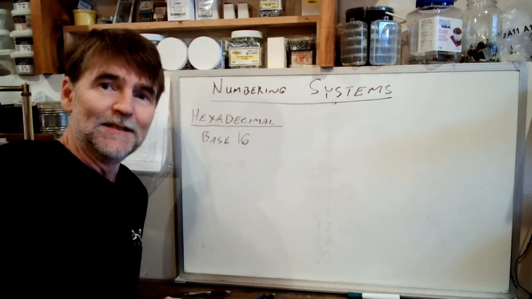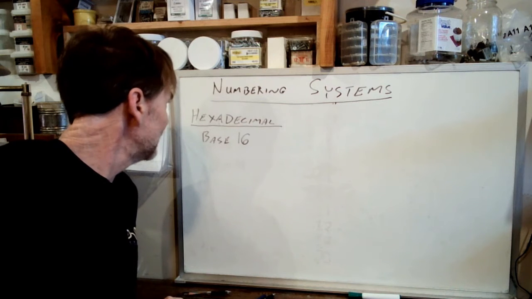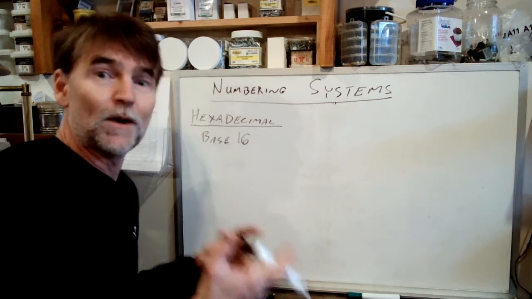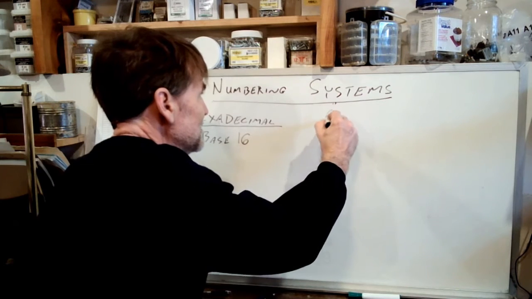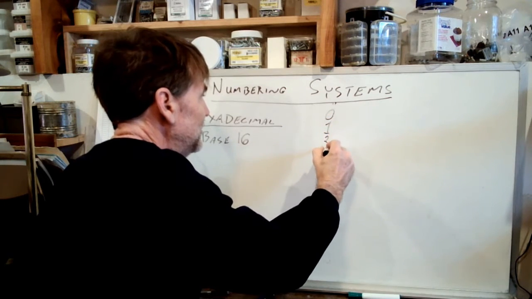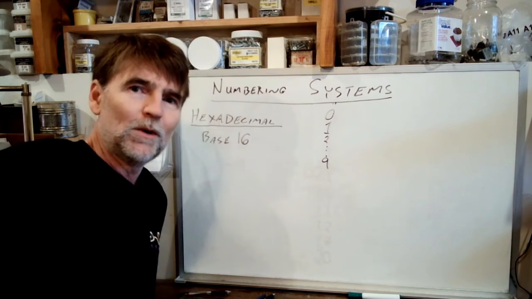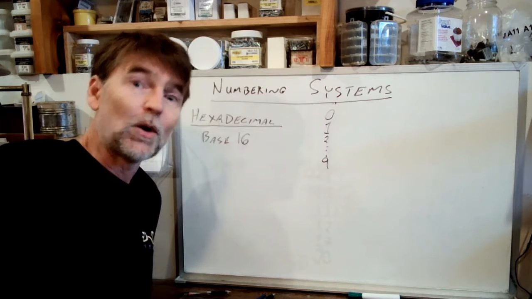Base 16. Okay, so this is going to require a little bit of explanation, because what are the rest of the numbers? Okay, 0, 1, 2, on to 9. That's pretty straightforward. But what do we do from here? We can't go to 10, because that requires 2 digits.